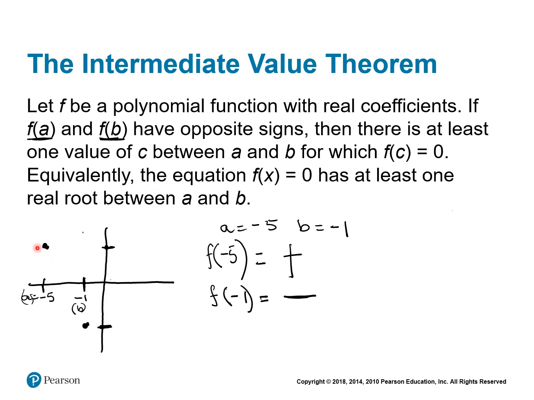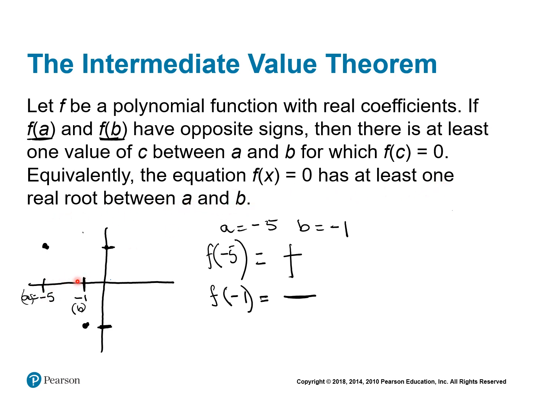Because for values between this interval, the graph is continuous, and therefore at some point it has to cross the x-axis to connect to this point below. Equivalently, the equation f of x equals 0 has at least one real root between a and b.